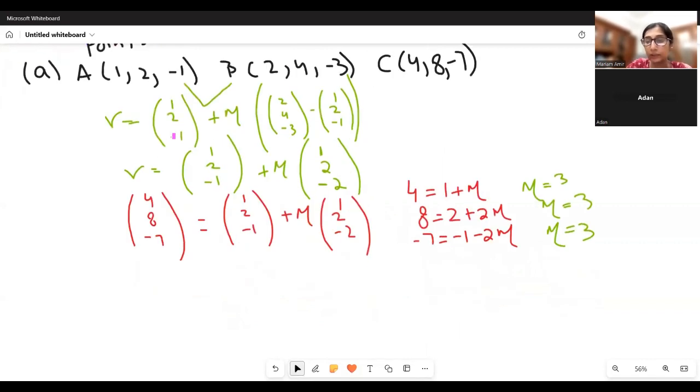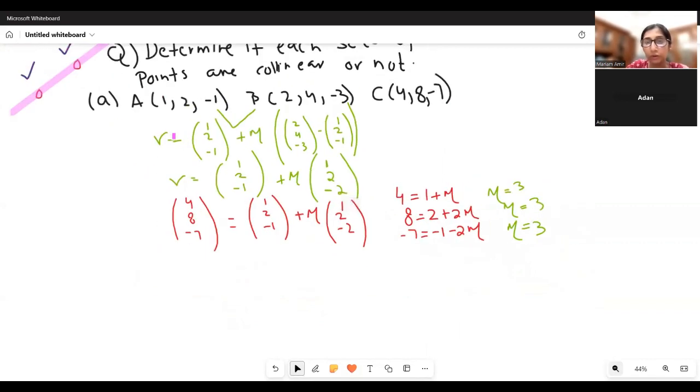Since we get the same value of mu for all three equations, hence the 3 points are collinear. Please write the concluding statement. Since we're getting a constant value of mu, hence the 3 points lie on the same vector equation.